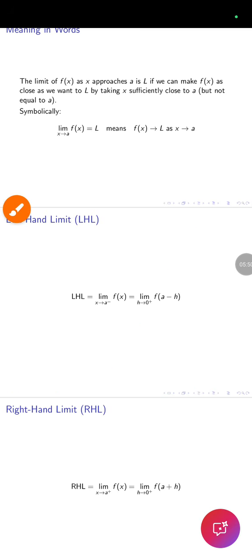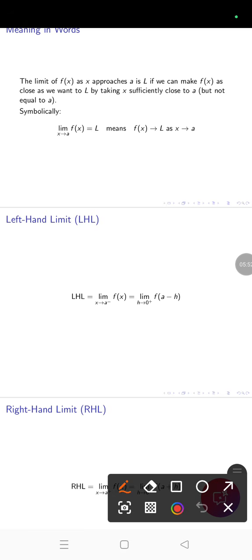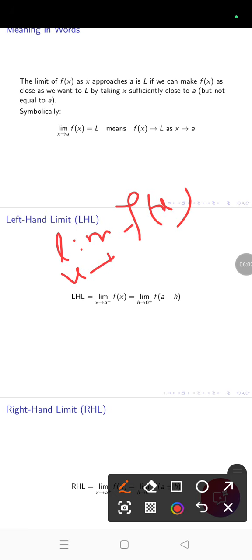So in the notation we write the limit of f(x) as x tends to a minus, and this minus is not for difference, it is the notation because we approach a from the left hand side.